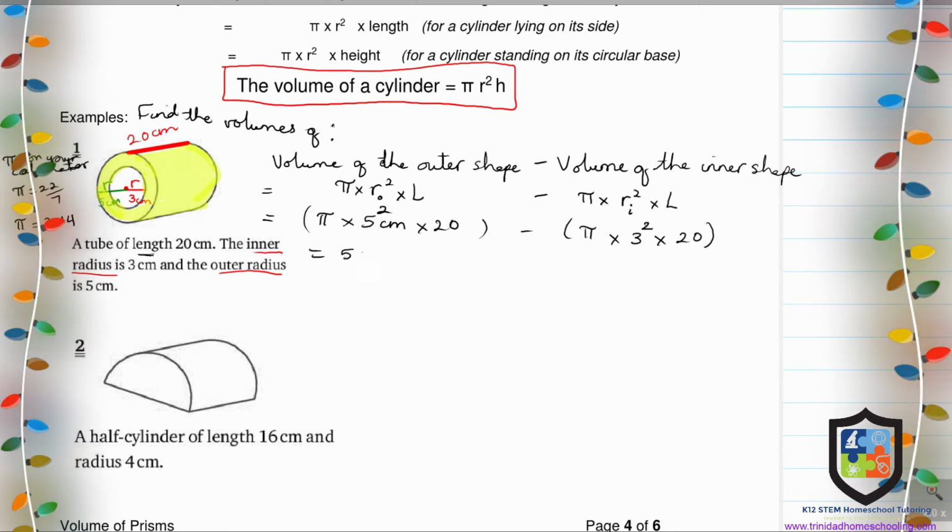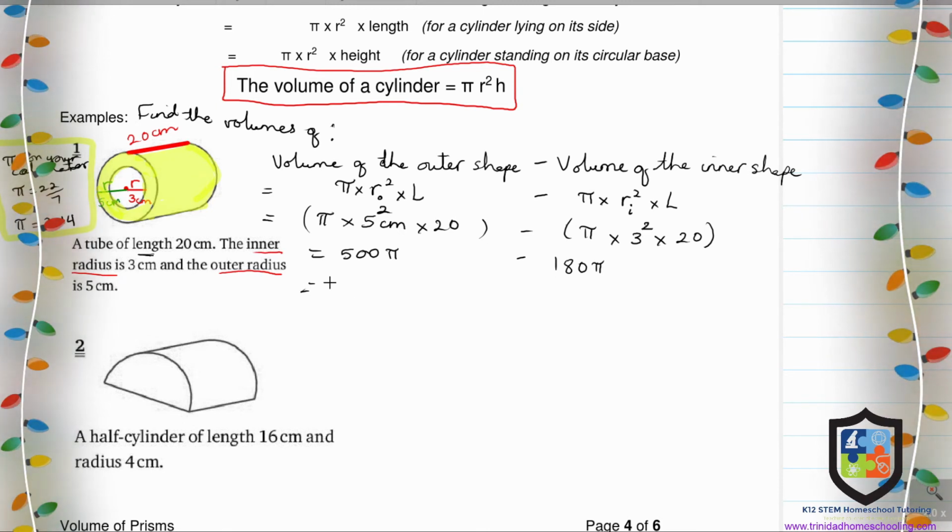Alright, so I have 500 pi. I'm going to leave pi there because pi could be whatever you choose it to be. Alright, so the answer will vary. In the other case here, we have the radius being 3, and that is going to be 180 pi.